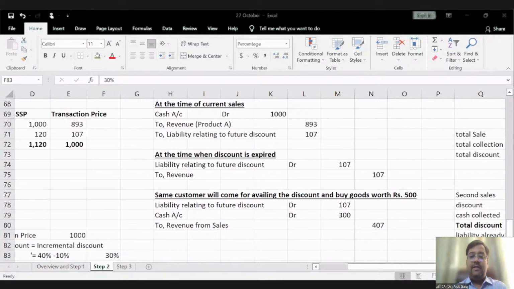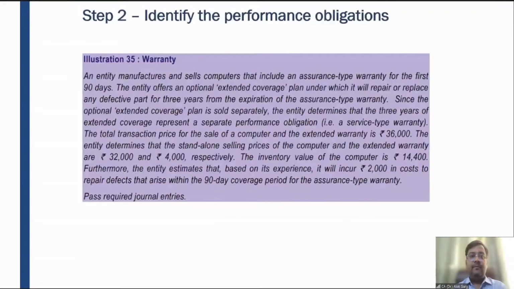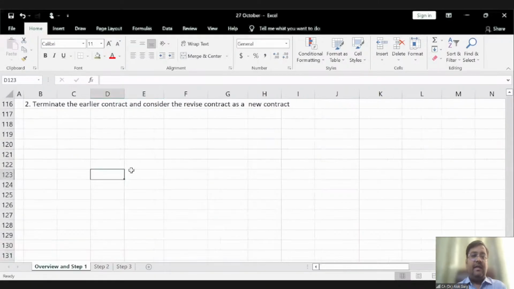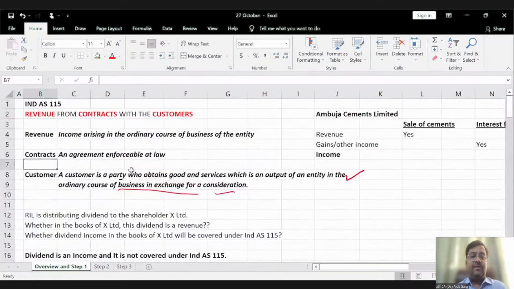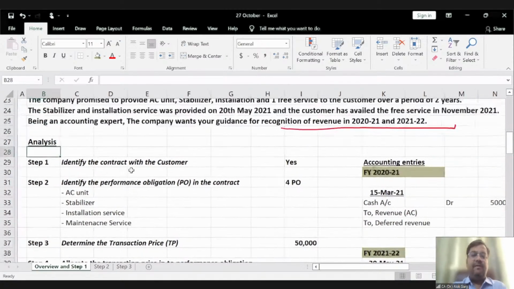So now let's move to the third step. Determine the transaction price. Friends, in the first class, we discussed these 5 steps in a very concise manner, in that helicopter view example.